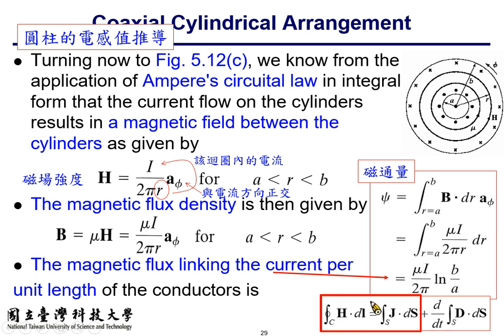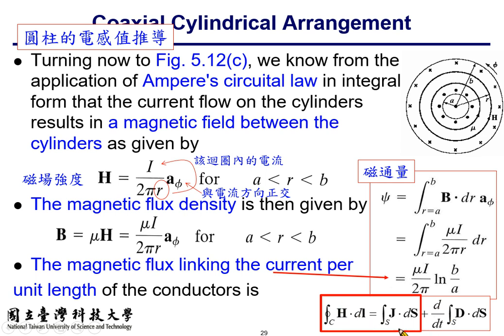So we should begin with the circuital law equation on the bottom right corner. First, we can get rid of the second term because we are talking about static current only, so we don't have to worry about the time derivative of electric flux density.